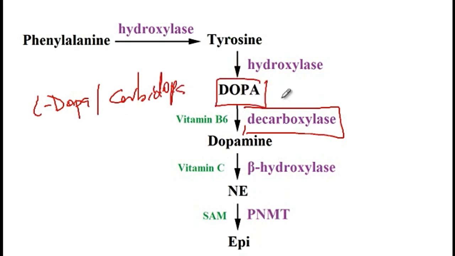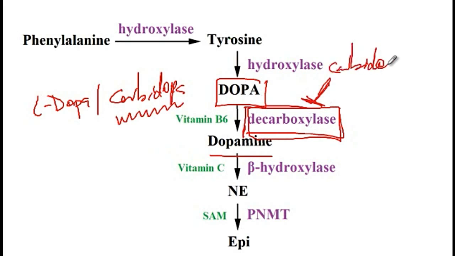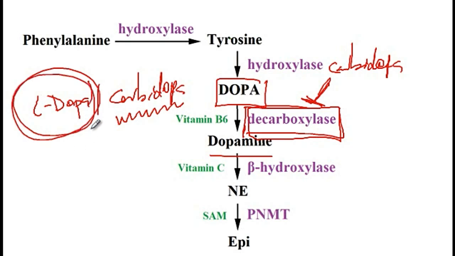L-DOPA will cross the blood-brain barrier, and inside the brain via the decarboxylase enzyme it converts to dopamine. In addition, Carbidopa is added to this medication because Carbidopa inhibits the peripheral conversion of DOPA into dopamine. So Carbidopa inhibits the DOPA decarboxylase enzyme, and by doing that, there is more efficiency of the L-DOPA reaching the brain and inducing its effects.